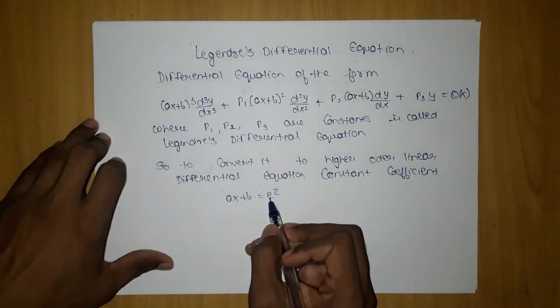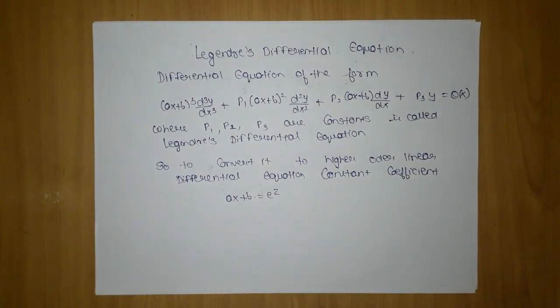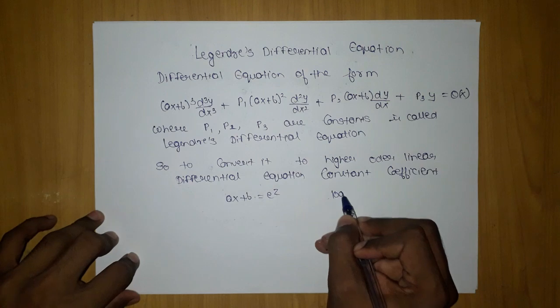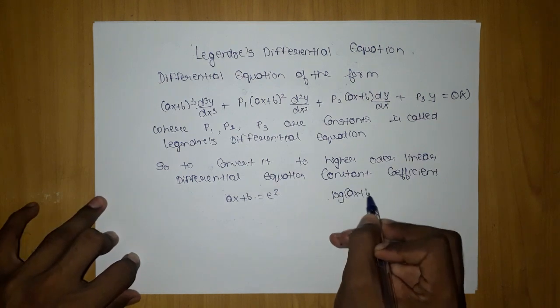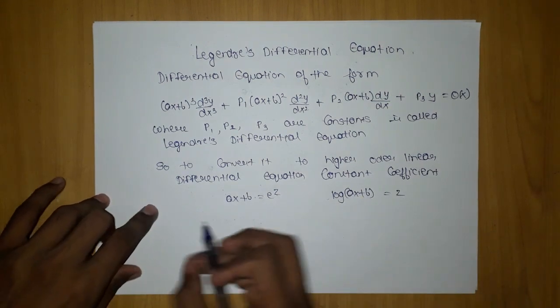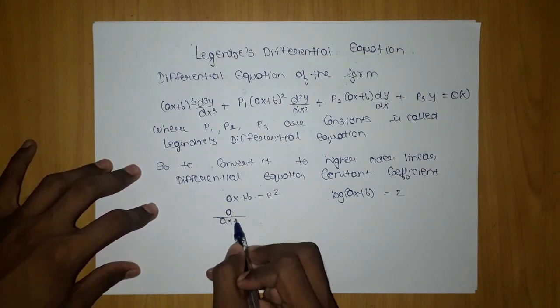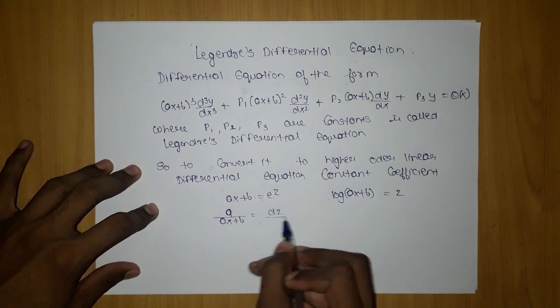Like in the previous case where we substituted x equals e to the power z, we move the e to the other side, so log(ax+b) equals z. Now if I differentiate, I get a/(ax+b) equal to dz/dx.